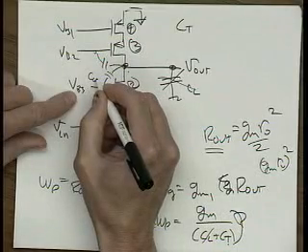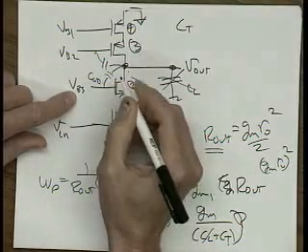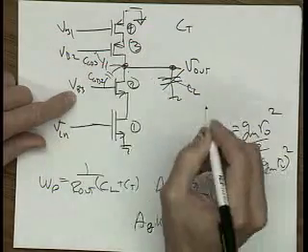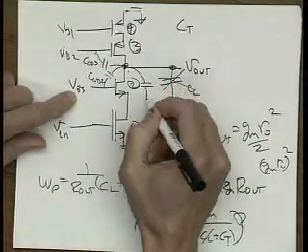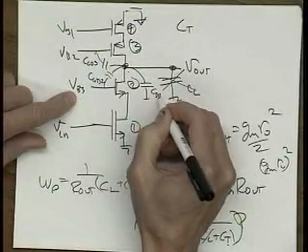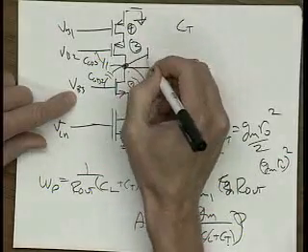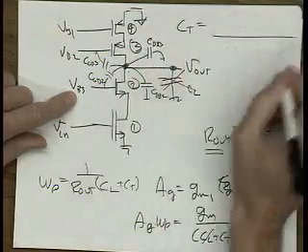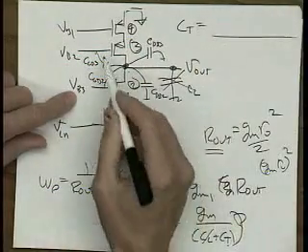CGD2, CGD3, CDB2, CDB3, and CT is the sum of all those. This plus this plus this plus this.